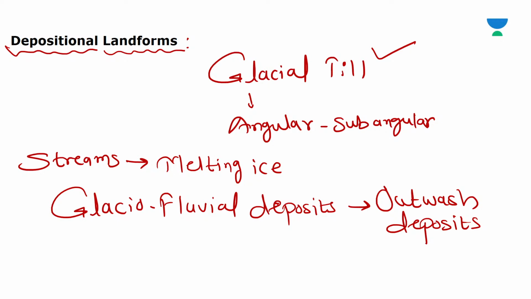So, depositional landforms commonly found in glaciated areas. Now next is moraines.